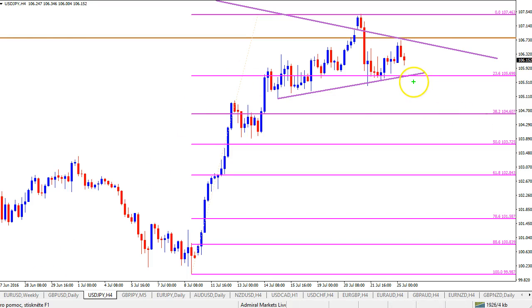In this scenario, I'm looking for a 4-hour candle that could break through it. In fact, not just a small candle, but a decent sized candle with the close near the low. I don't want a candle that just barely breaks through like this. No, I want a decent sized candle that goes through it like that. Then look for the same recipe, look for a pullback and a continuation from 105.75 roughly down to 104.60.